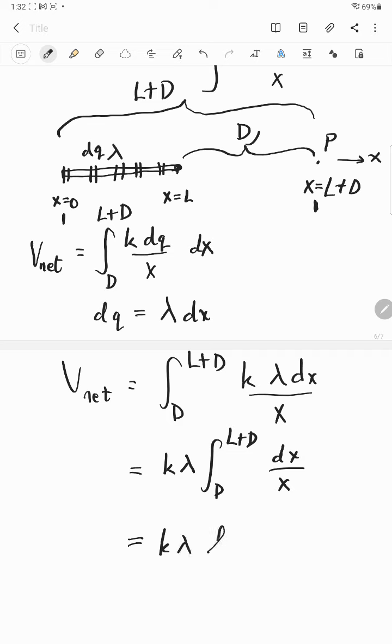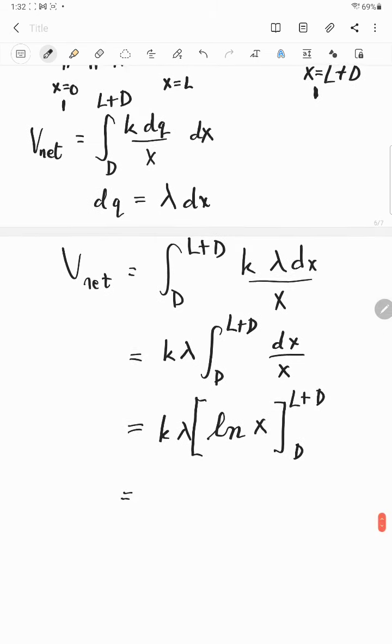The way the natural log works, and this is kind of strange, I'm going to show you something that actually has something wrong with it. It's the natural log of x evaluated at the bounds D and L plus D.